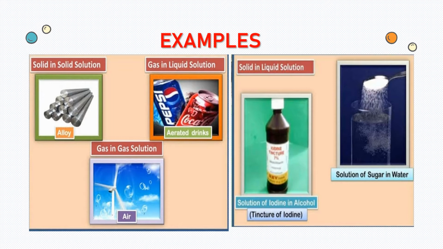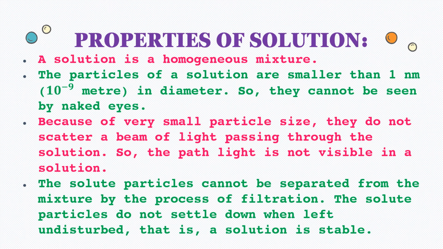So let us proceed further towards the next topic, that is properties of solution. After discussing all the various types and examples of solution, we can draw out the following properties of solutions. We know that a solution is a homogeneous mixture. So this is the first property of solution.